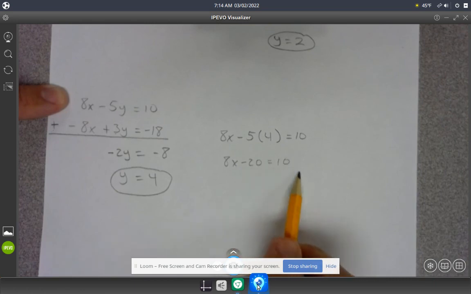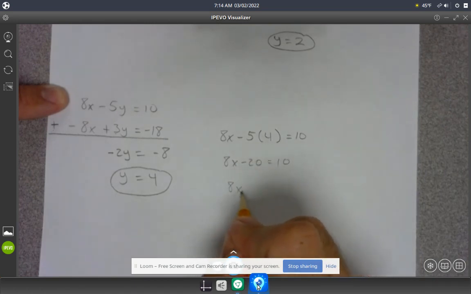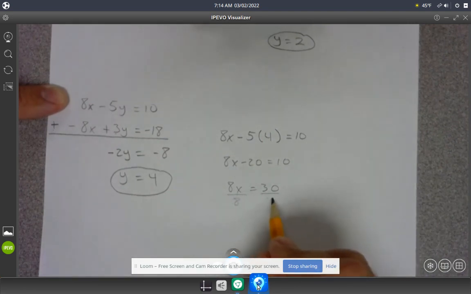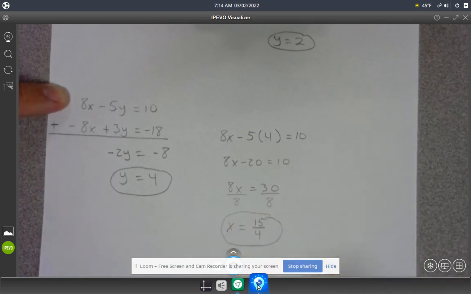Move that 20 to the other side. So it's 8x equals 30. And then we'll divide by 8. x will equal, I know I can simplify that by 2, so that'll be 15 over 4. There we go. We got our x and our y.